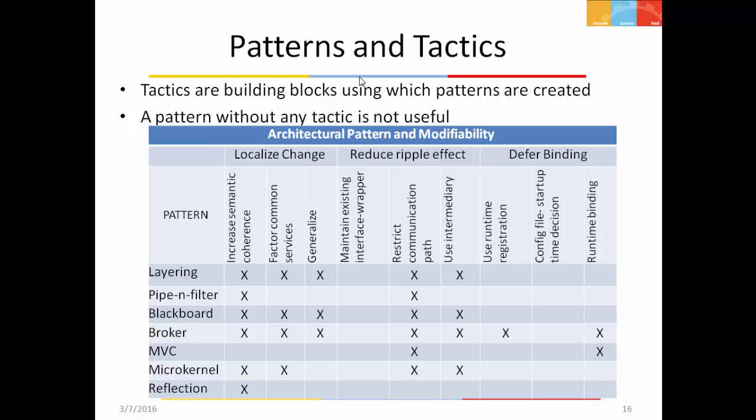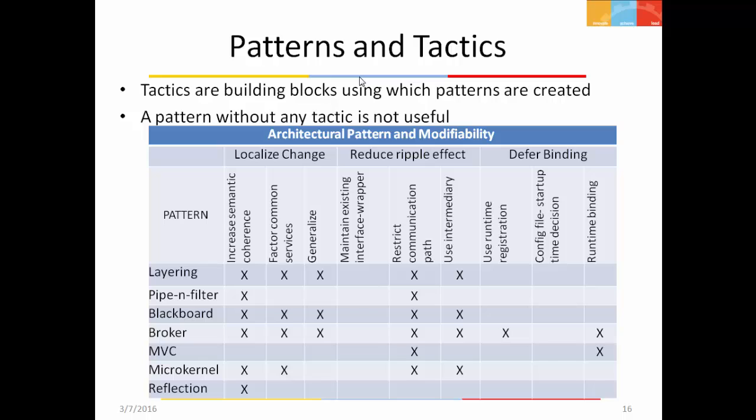Pipe and filter also increases semantic coherence, and it also restricts the communication path. Blackboard architecture is also kind of similar to layering. It increases the semantic coherence because you have the blackboard in which the common data is there, and there are various modules which are kind of separate, and they use this common blackboard to store and retrieve data.